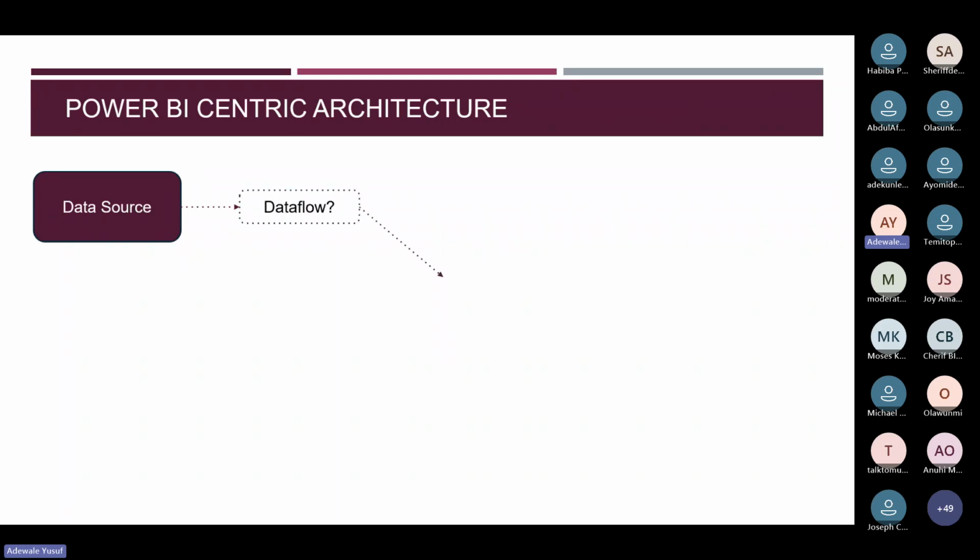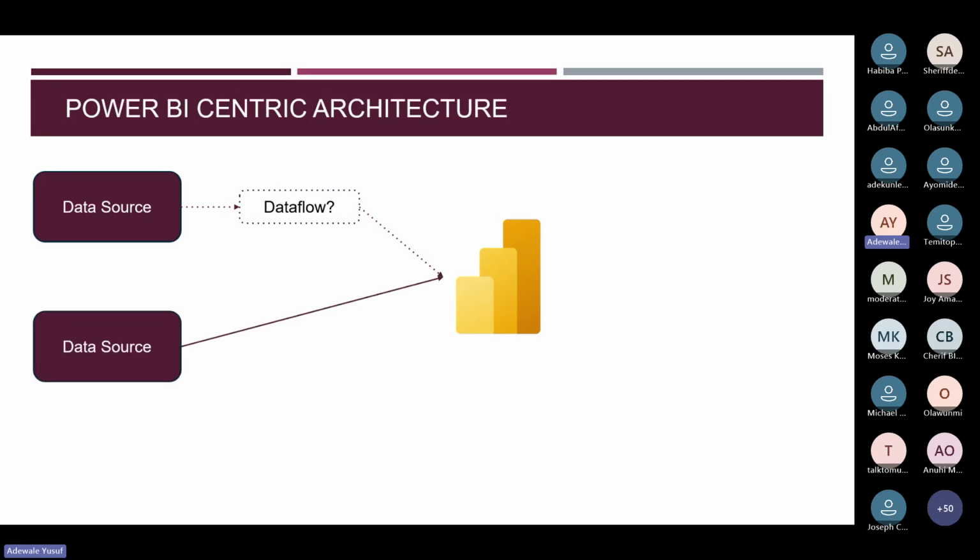You can connect that data source to a dataflow directly from your Power BI service, right? Most organizations do this. They connect the dataflow to their data sources and plug that into their Power BI Desktop. So they connect the dataflow to Power BI Desktop, not Power BI Desktop directly to the data source, right? Some organizations do this a lot to reduce the workload on Power BI Desktop.